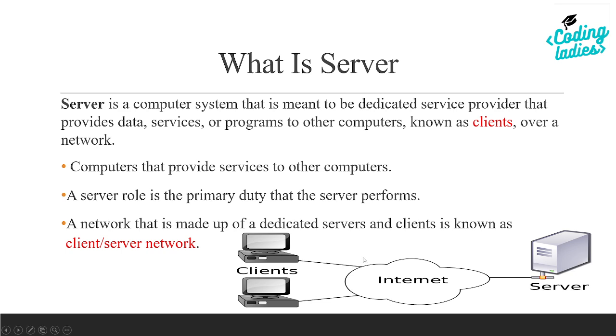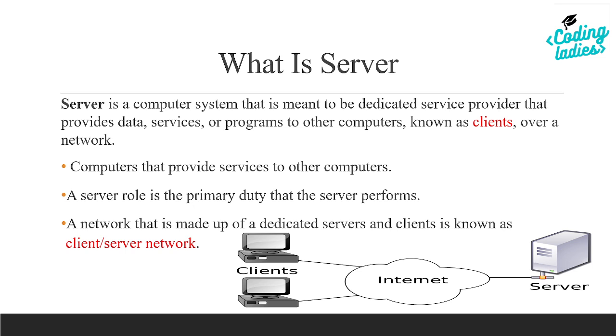Also, a server role is basically what the server performs. So this server is a print server; the role of that server is just printing, initiating print jobs. This server is a file server; the role of that server is maybe file sharing and other things.